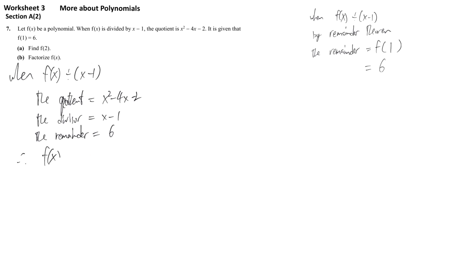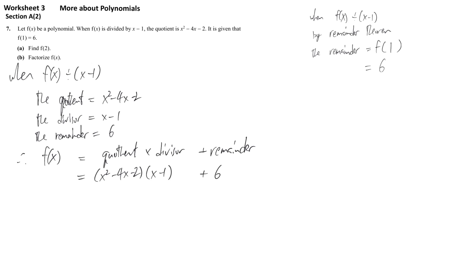Therefore, f(x) is equal to quotient times divisor and then plus remainder. They are asking you to rebuild it like this: (x squared minus 4x minus 2) times (x minus 1) and then plus 6.